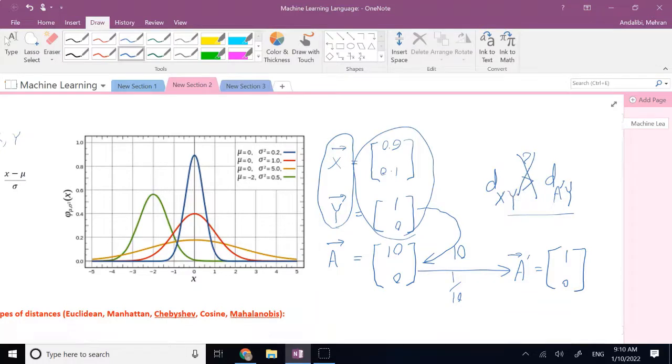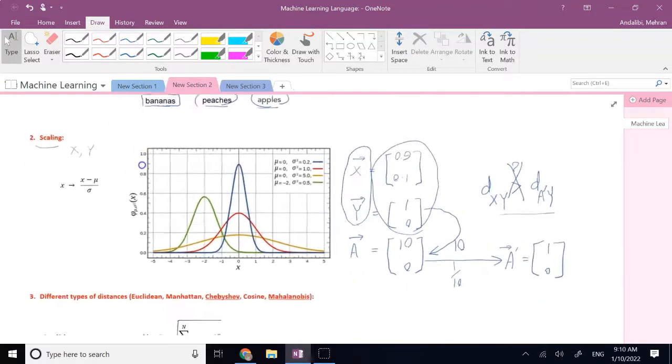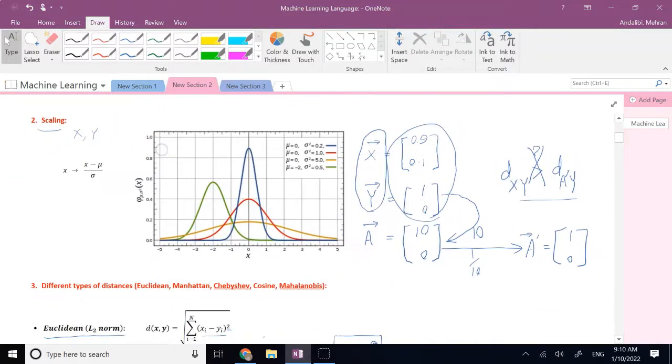So whenever you want to compare data in machine learning, it's always a good idea to make sure they are on the same scaling, unless you have a reason not to. Typically they try to make them the same scale. How?